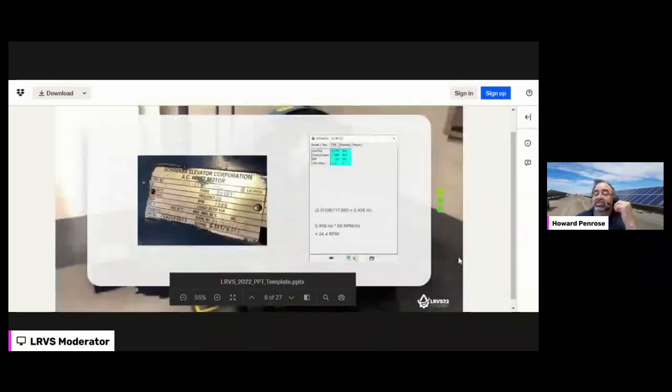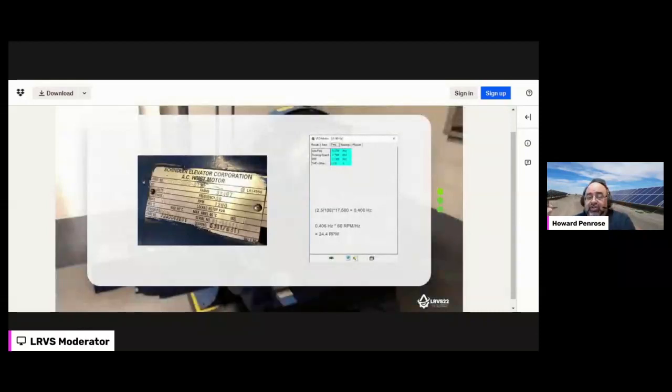When analyzing this, in addition to knowing that ratio, in this case it's 108 teeth to 2.5 teeth, I would go 2.5 divided by 108 times the RPM of the motor, and that's the output speed of the gearbox. In addition, I'll be able to take a look at the bearings.